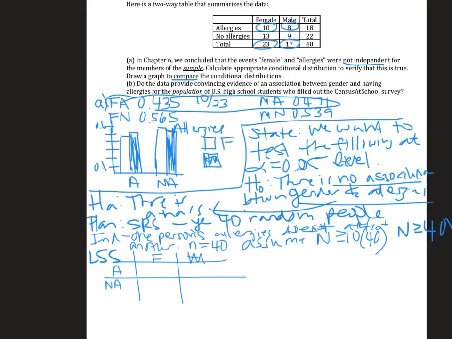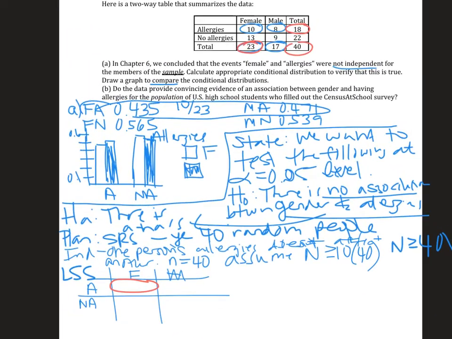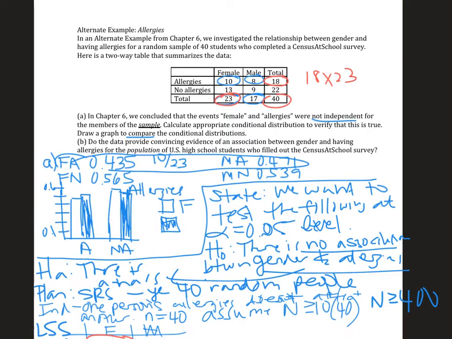So let's go ahead and do this one right here. So it's female 18 times 23 divided by 40. We get 10.35.